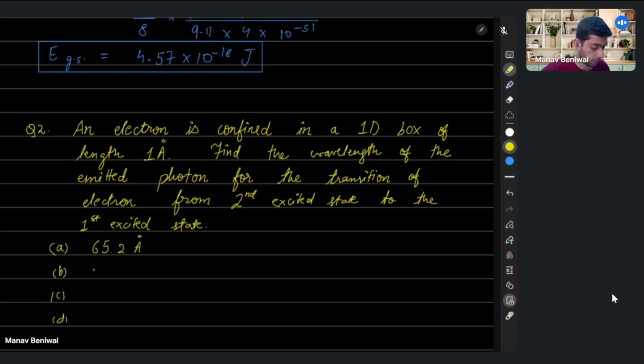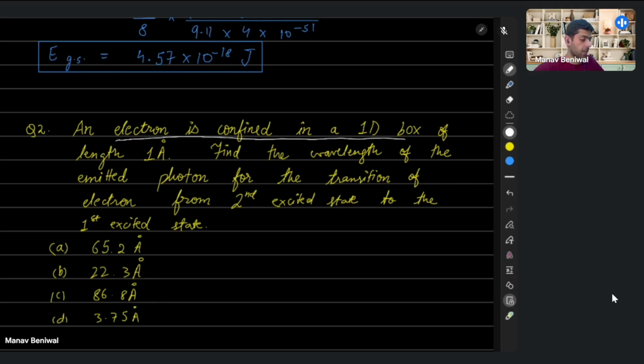65.2 angstroms, 20.23 angstroms, 86.8 angstroms, or 3.75 angstroms. Right. So let's look at the question. We have an electron which is confined in a one-dimensional box.